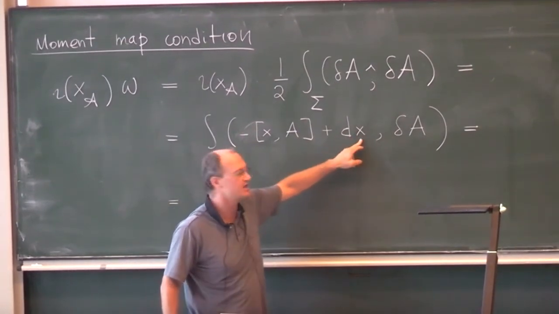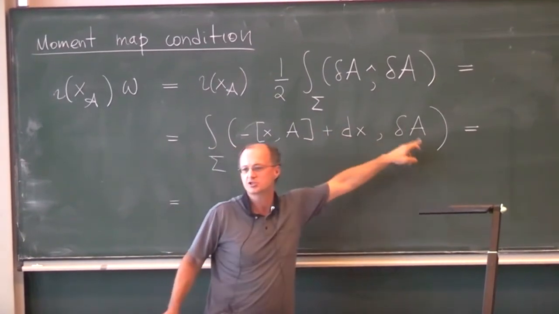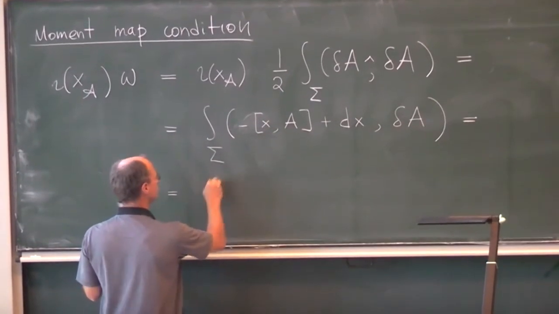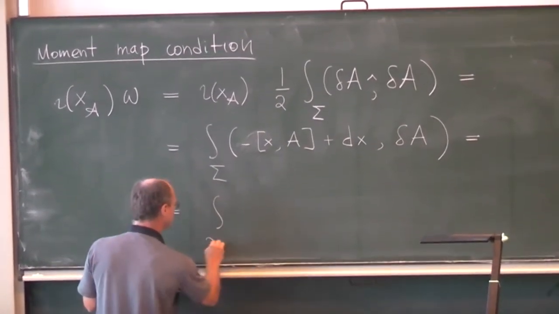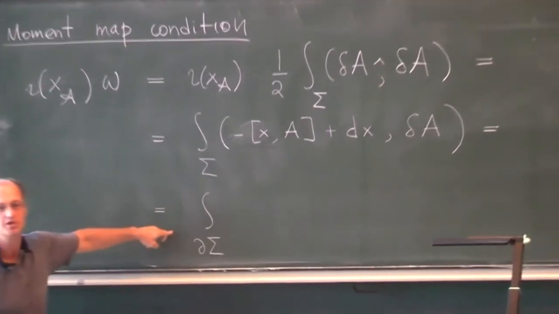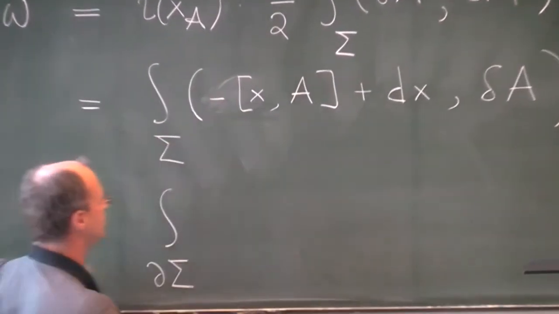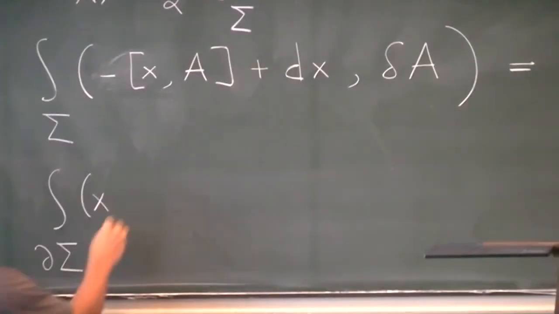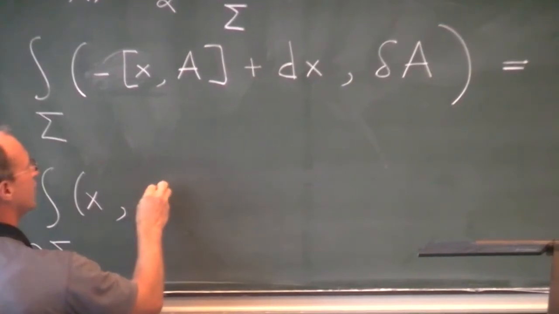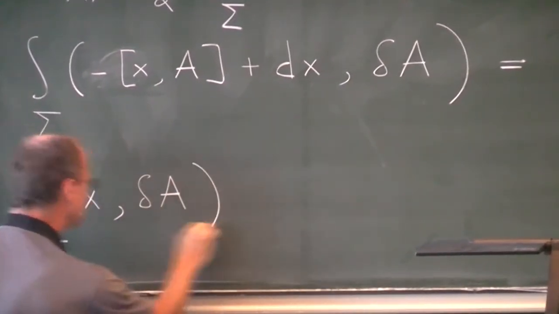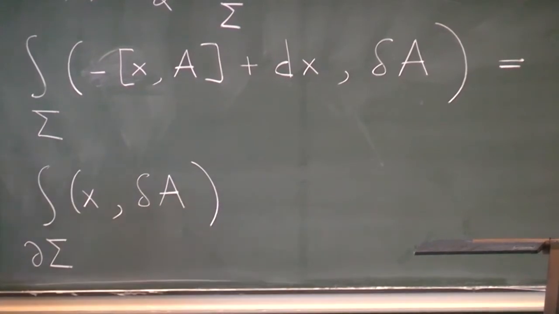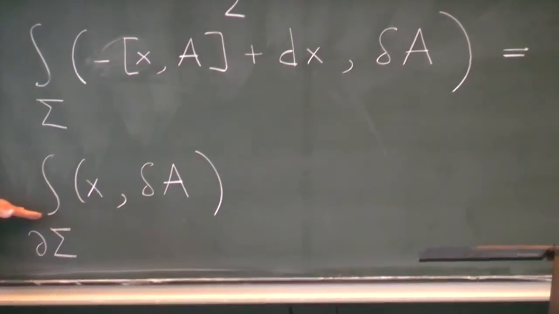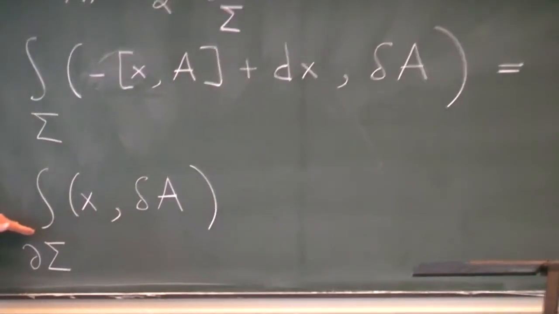So here I have dX, and I want to put it actually on delta A. By the Stokes formula, the term which I get outside the integral over sigma will be an integral now over the boundary, and here I will have delta A. So maybe let me finish with this term, and then we look at the other terms, right?